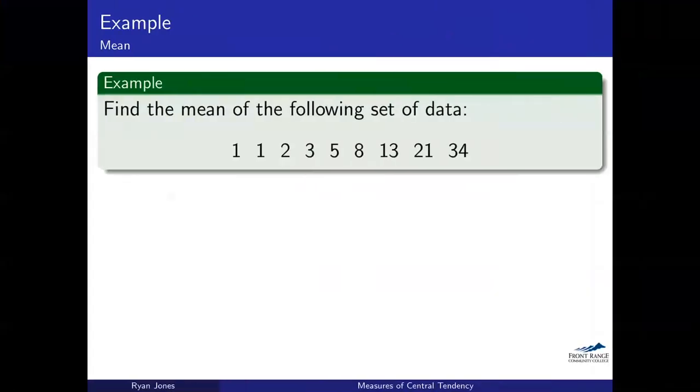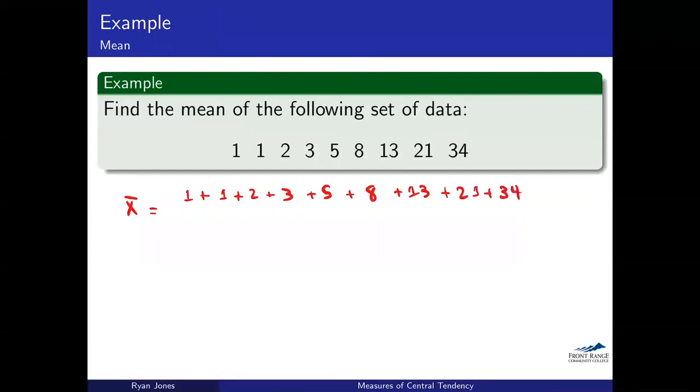So let's look at this set of data and find the mean. We've got 1, 1, 2, 3, 5, 8, 13, 21, and 34. To take an average here, I'm just going to add all of these up: 1 plus 1 plus 2 plus 3, and so on.